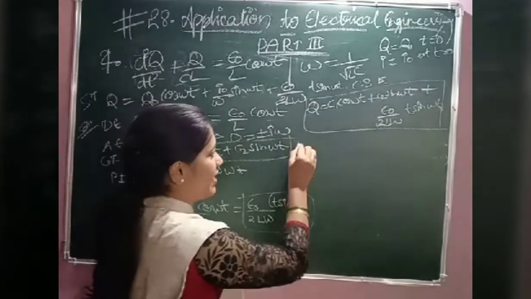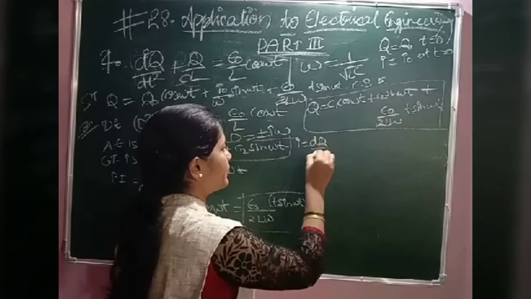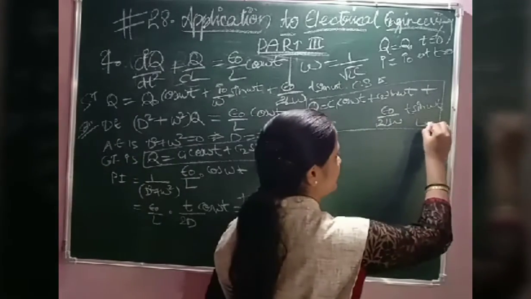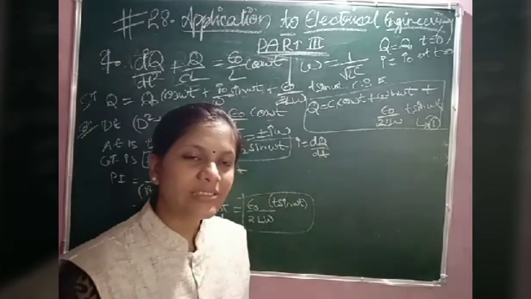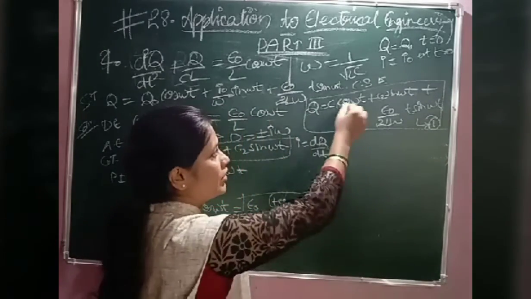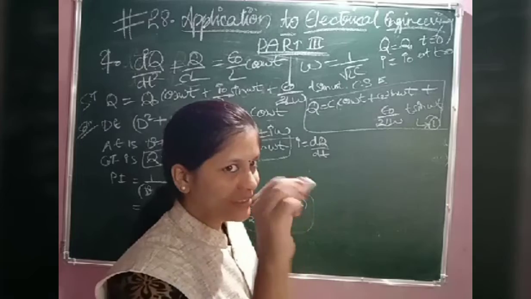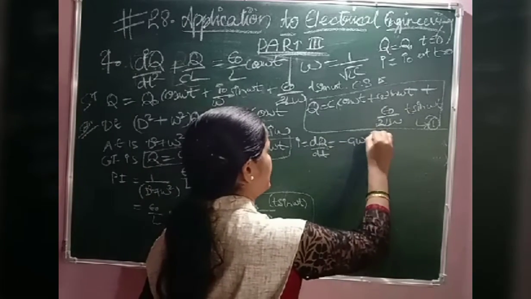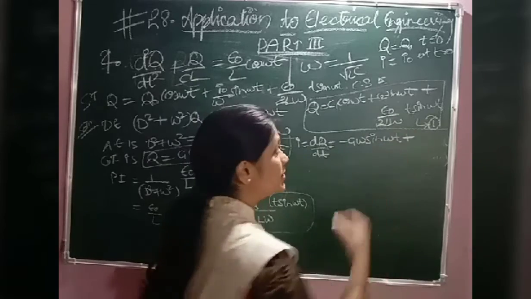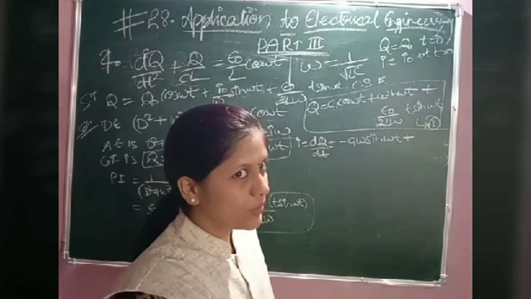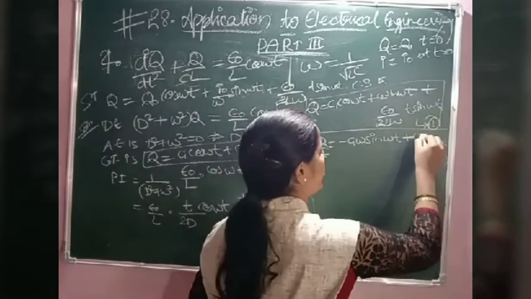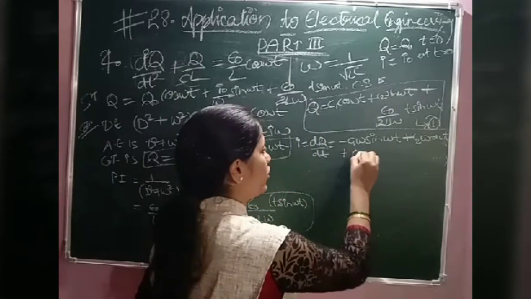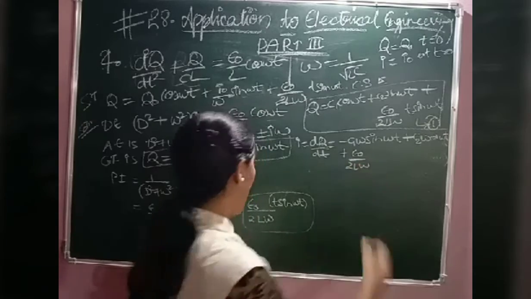Now, what is I? I is dQ/dt, so that is the differentiation of this equation. Let us take this as equation number 1 and differentiate equation 1 with respect to t. What is the differentiation of cos ωt? Minus ω sin ωt. So minus C₁ ω sin ωt, plus the differentiation of sin ωt, which is ω cos ωt, so C₂ ω cos ωt, plus E₀/(2Lω) as it is.